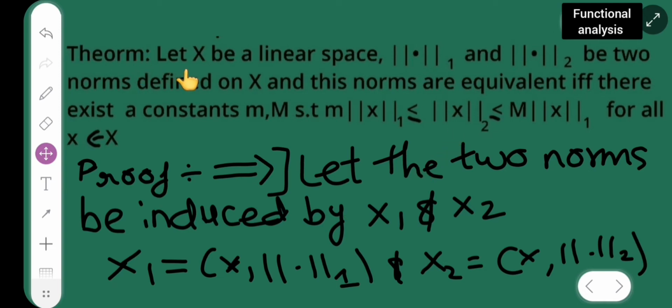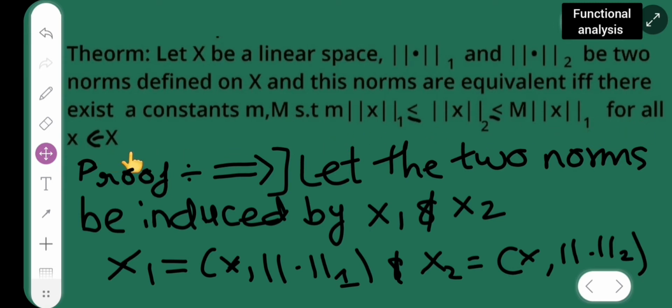Let X be a linear space, and norm 1 and norm 2 be two norms defined on X. These norms are equivalent if and only if there exist constants small m and capital M such that small m times norm of x1 is less than or equal to norm of x2, which is less than or equal to capital M times norm of x1. Outside the norm you have to put 1, 2, whatever it is. Now this is for all x belonging to X.